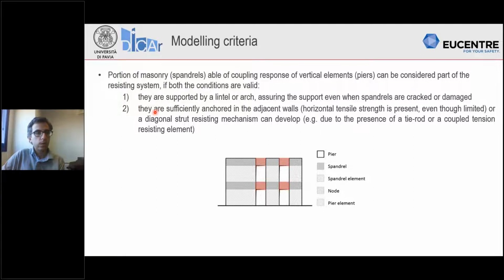The second condition is the fact that these spandrels are sufficiently anchored in the adjacent walls. For example, horizontal tensile strength is present, or a diagonal strut resisting mechanism is able to develop. That, for example, can take place when there is a tension resisting element which is coupled with a spandrel.